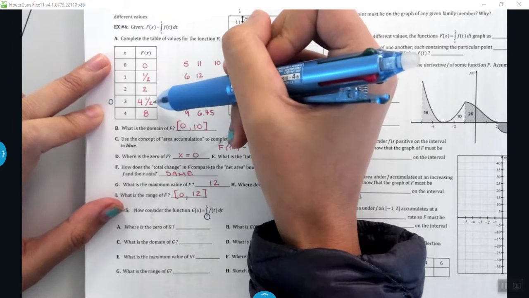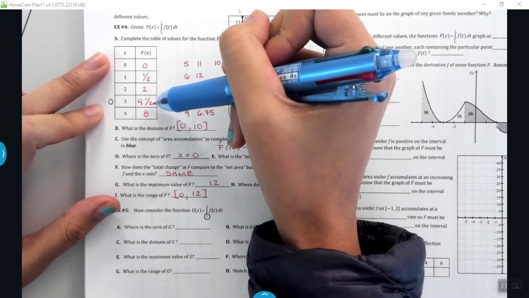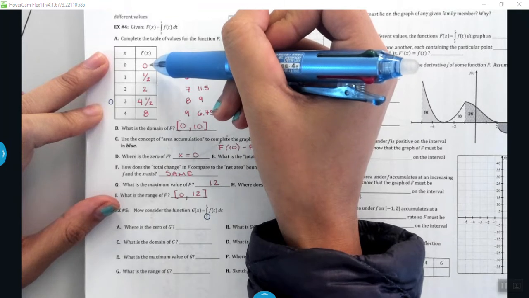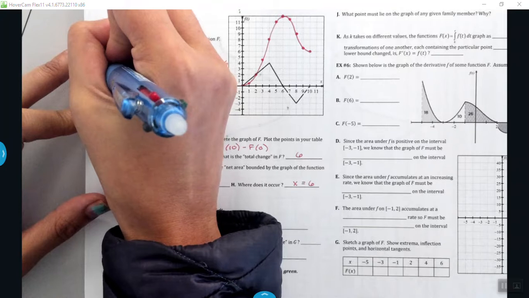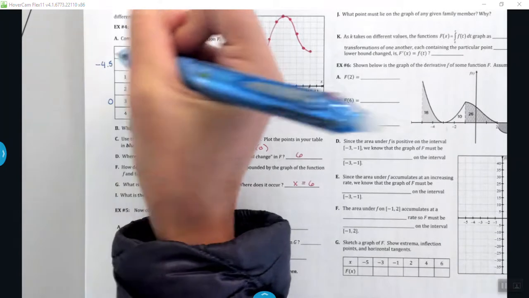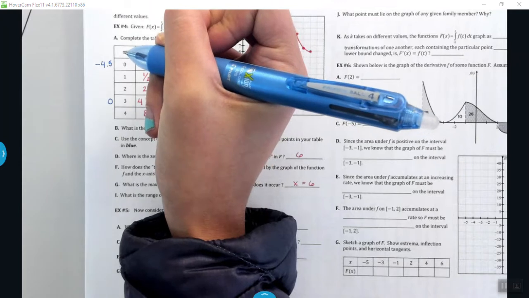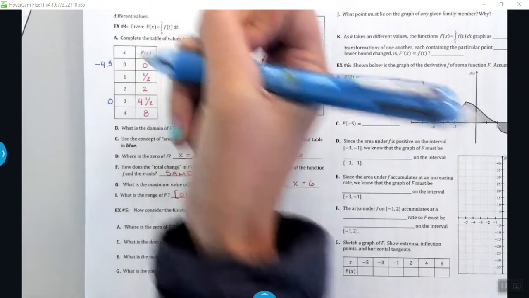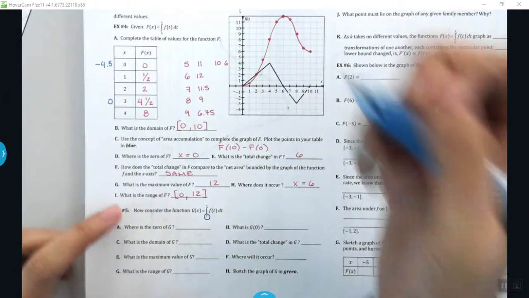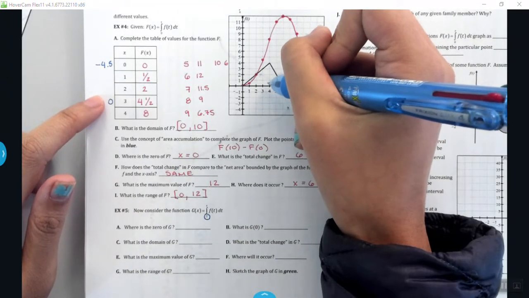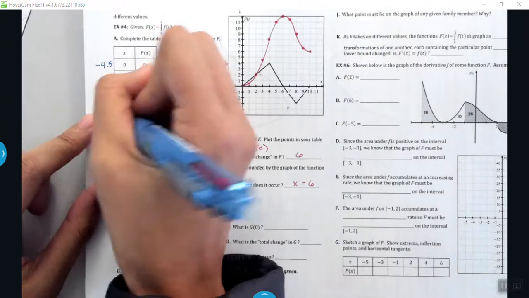If I know the integral from 0 to 3 is 4.5, then what's my integral from 3 to 0? Negative 4.5. Cool. Let's do some easy ones. What's my area from 3 to 4? 3.5, right?